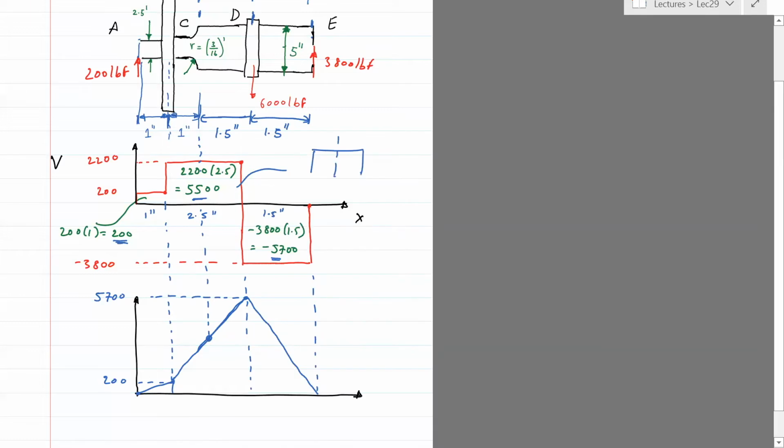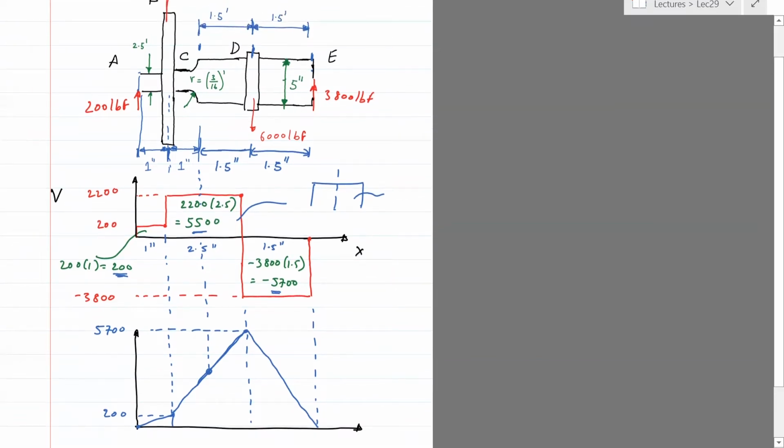The sum is 5,500, but the area on the left is 1 times 2,200, and the right one is going to be 3,300. Or you can just do 2,200 times this distance for the left one, and 2,200 times 1.5 for the right one.